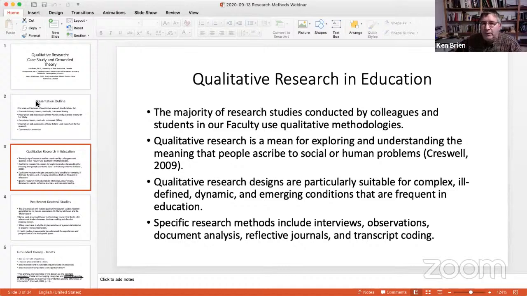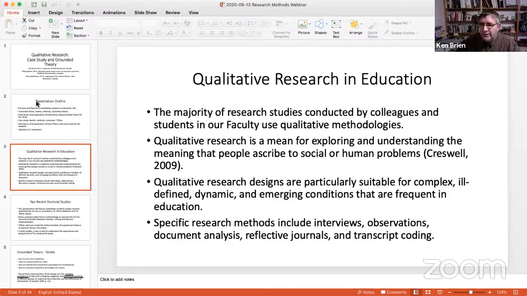So what I like to say about qualitative research or methods in education is that those are the methodologies most commonly used by my colleagues and students in our faculty. Qualitative methods have become very popular in education research in our faculty. We have students and colleagues who do research in all kinds of areas, and qualitative methods are the most popular.